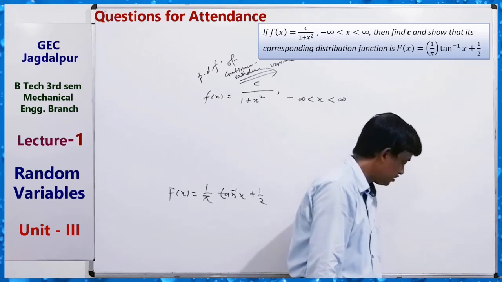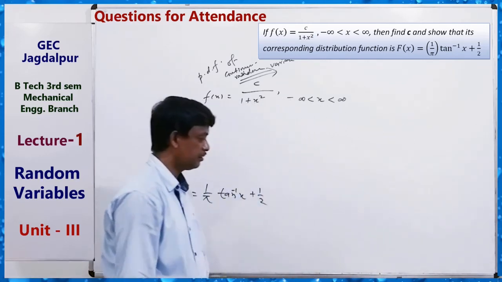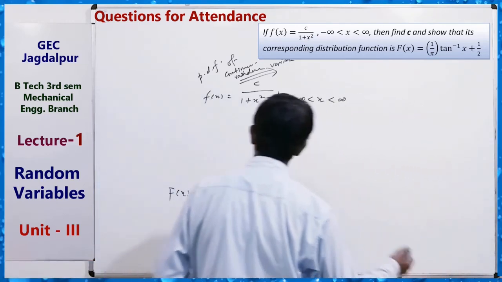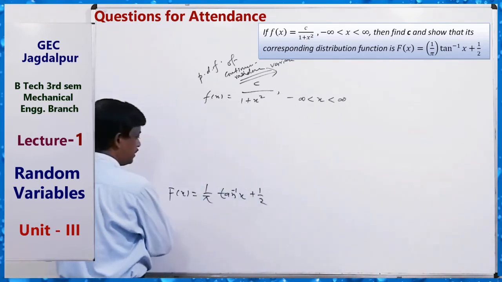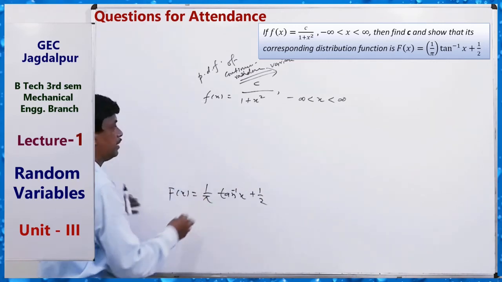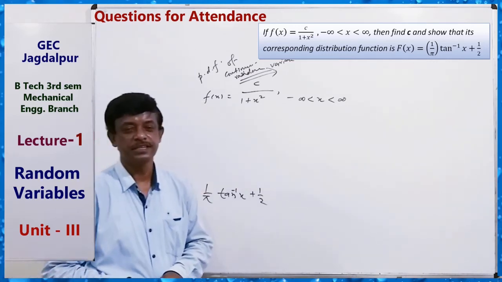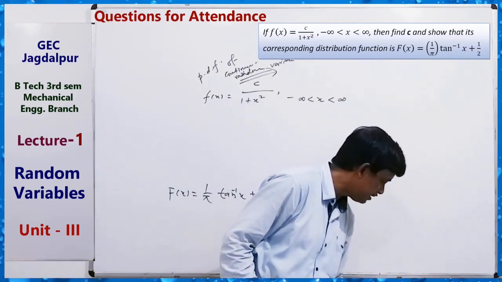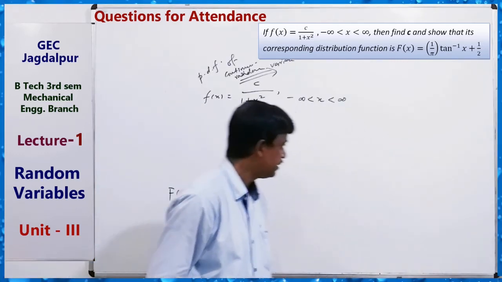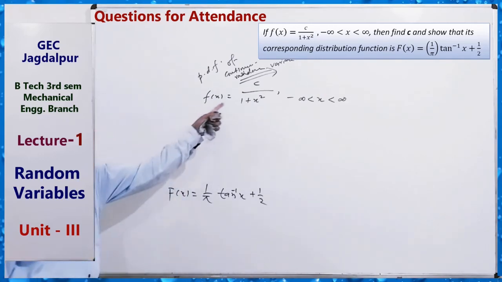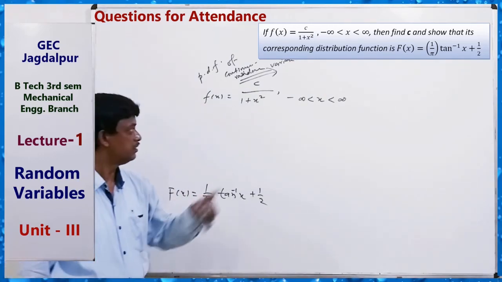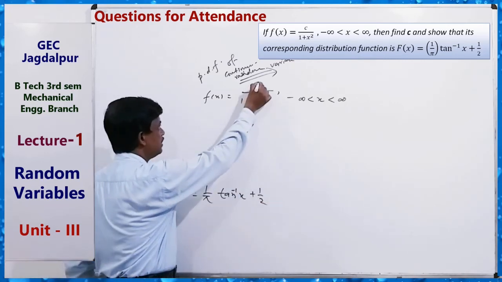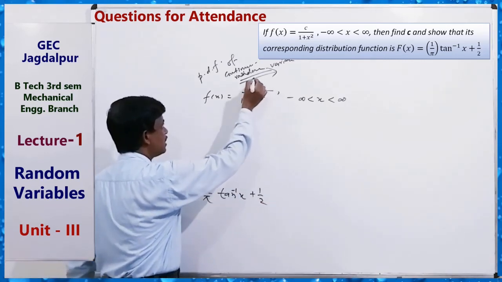So here, in the given question, this is given as what? Probability density function of a continuous random variable. Here there is a constant c, and we have to find the value of c.